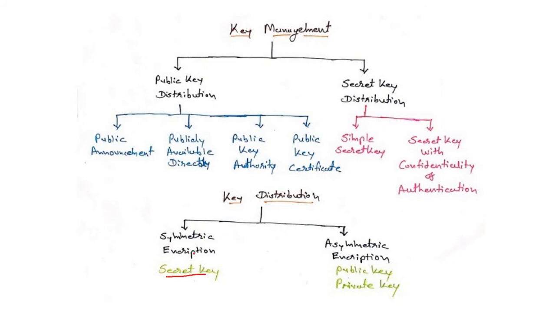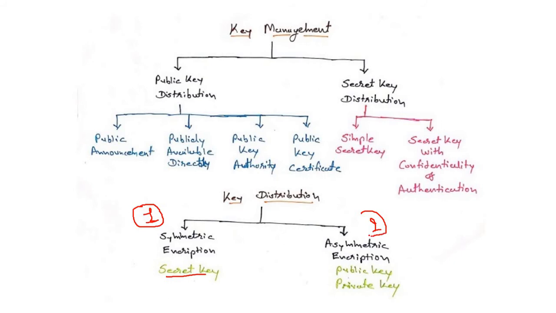That key is secret and shared between both the sender and receiver. Second case is asymmetric encryption.